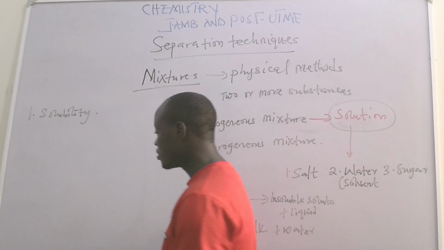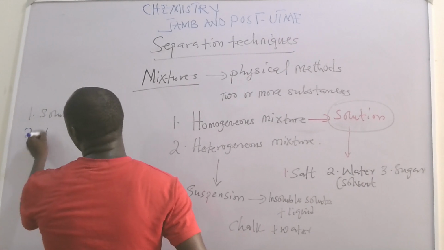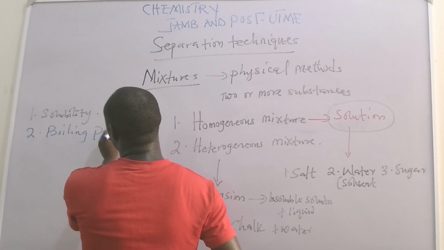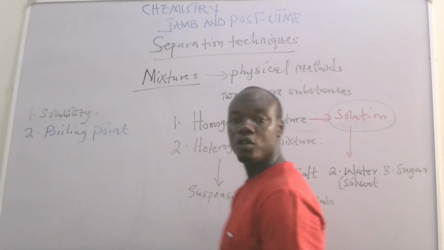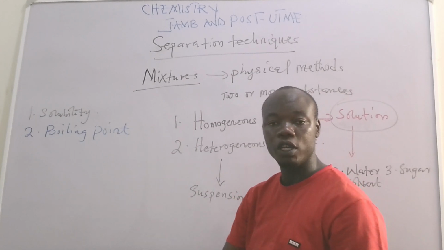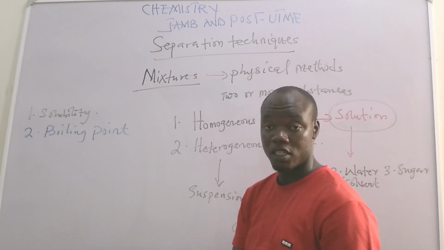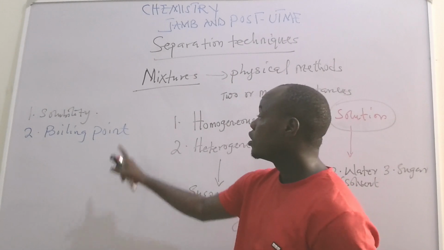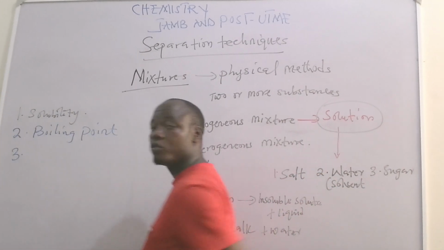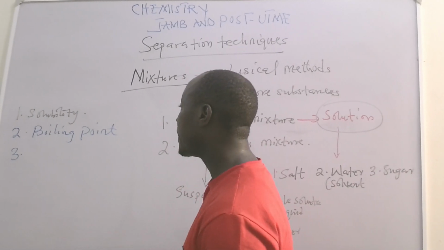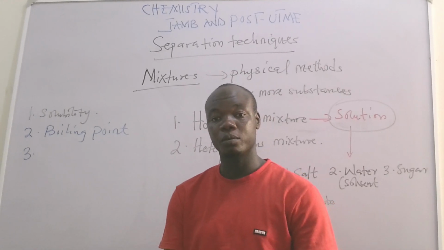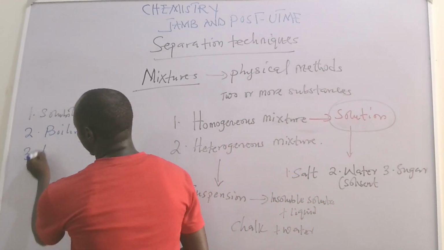Number two, you can use boiling points. You can exploit the differences in boiling points to separate mixtures. And apart from solubility and boiling point, you can also exploit melting.